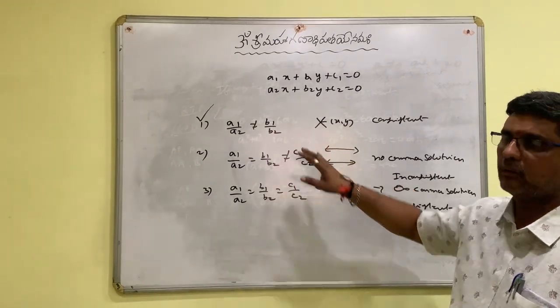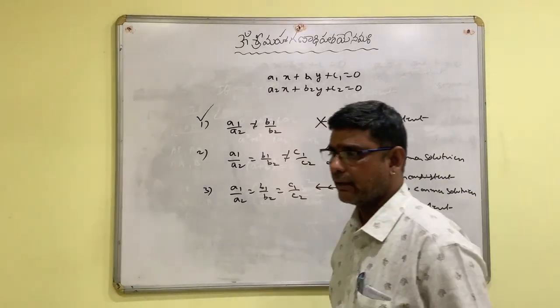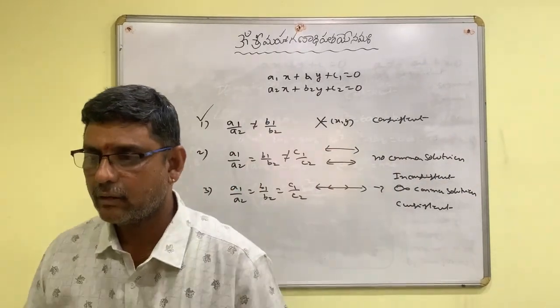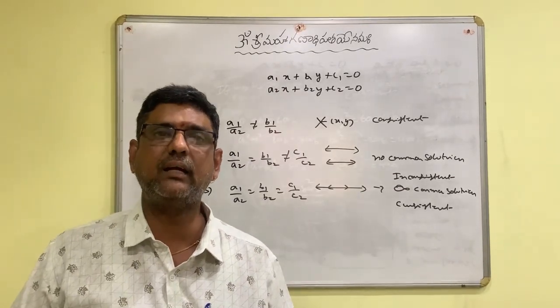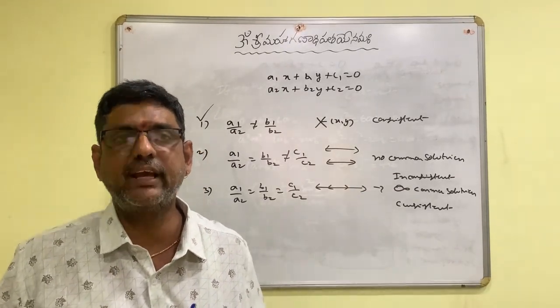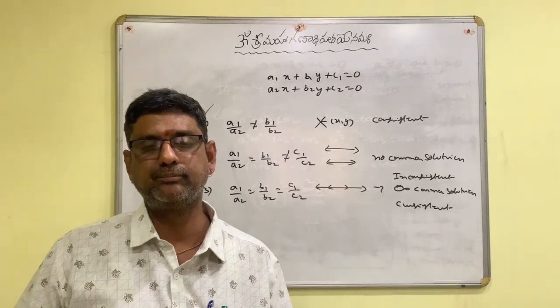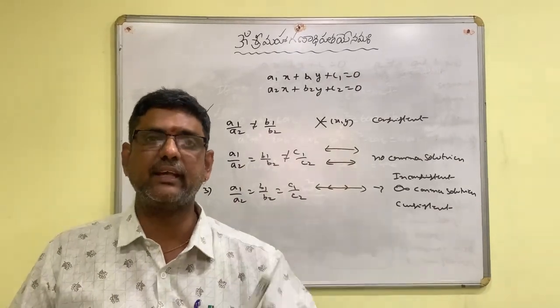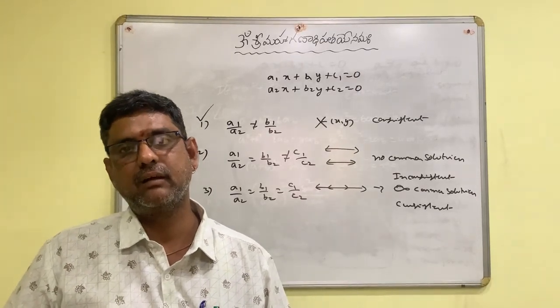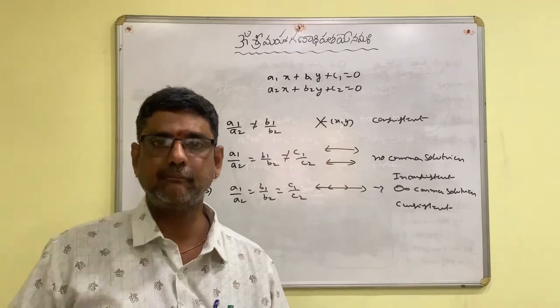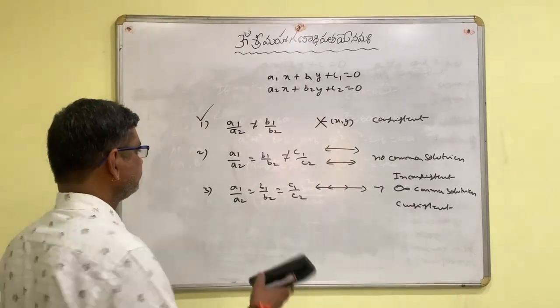In order to check whether the given pair has a common solution or not, these three conditions are very helpful. We can see the equations and say whether they have common solutions or not. We'll see an example.